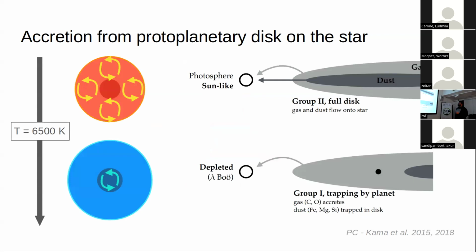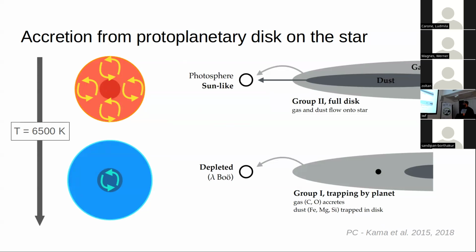This is the whole summary of my work in a way. You have the disk around the stars, and you have the material from the disk which falls on the star. You can divide it into two parts: the gas that falls, and the dust that falls.